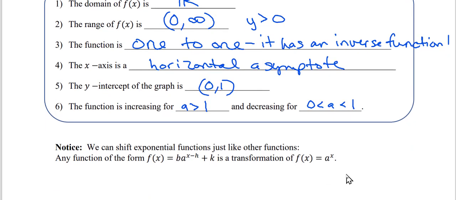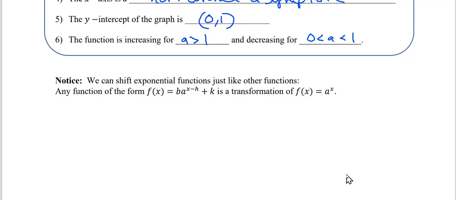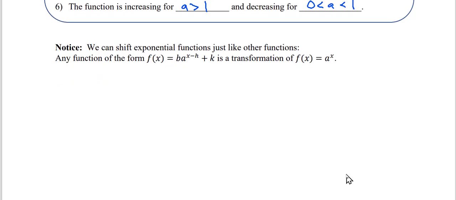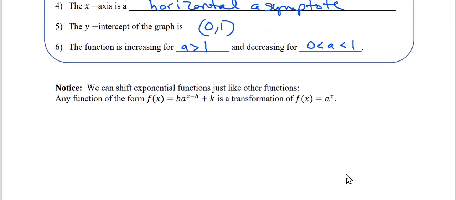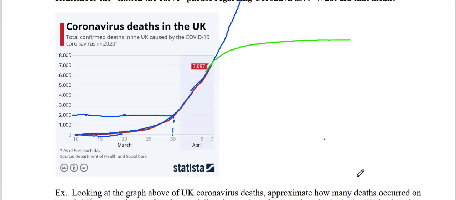However, we can transform this around the plane to give us other pictures, and a lot of real life applications do have some sort of translation. If you look up here, this function definitely has some.